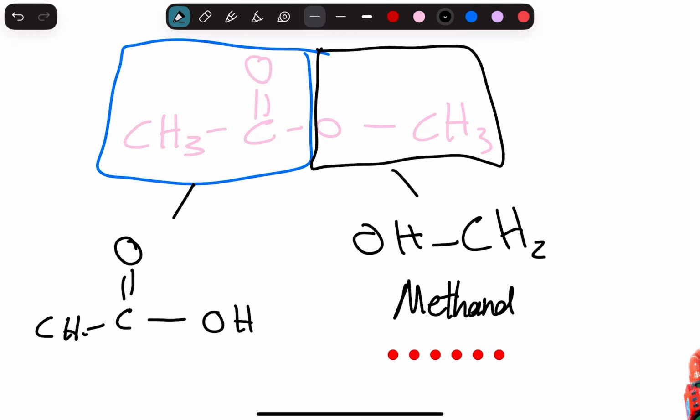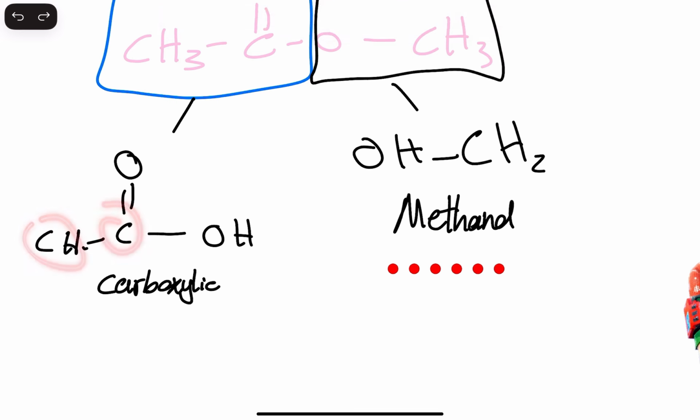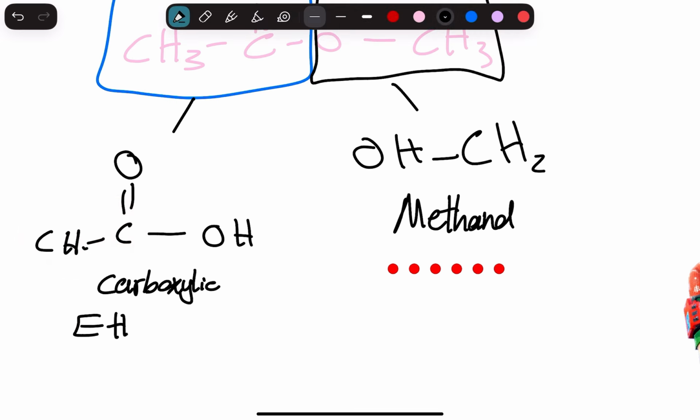So this would be our acid, which, since we have 2 carbons, would be called ethanoic acid. So we have methanol and ethanoic acid. We have an alcohol and a carboxyl group. When you put those together, they're going to form your ester.